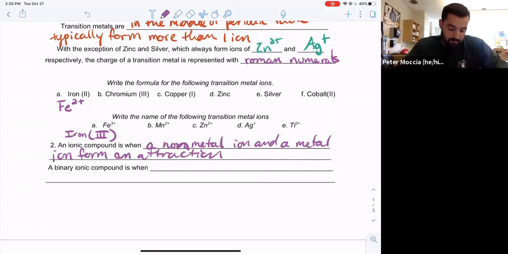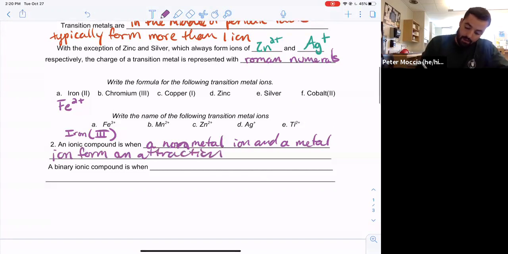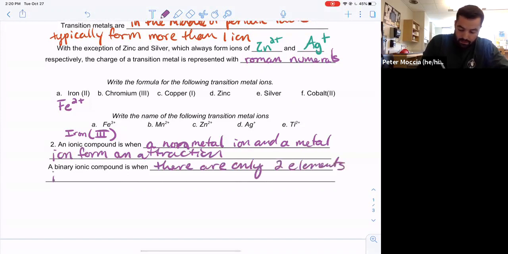A binary ionic compound is when there are only 2 elements in the ionic compound.